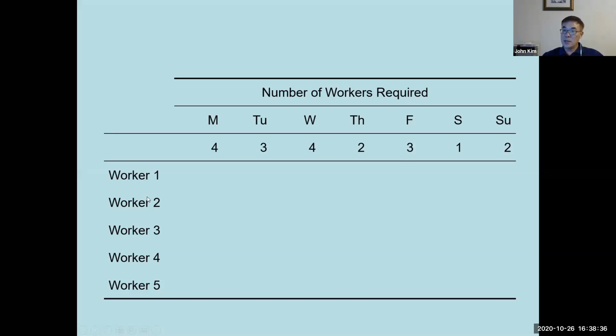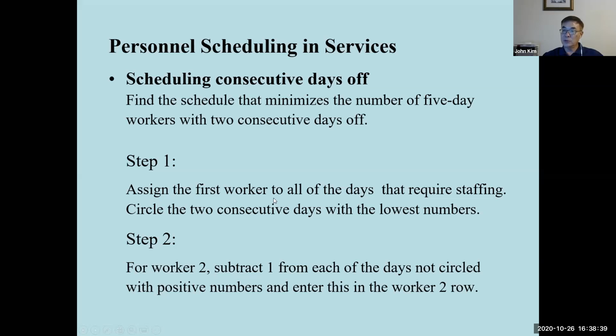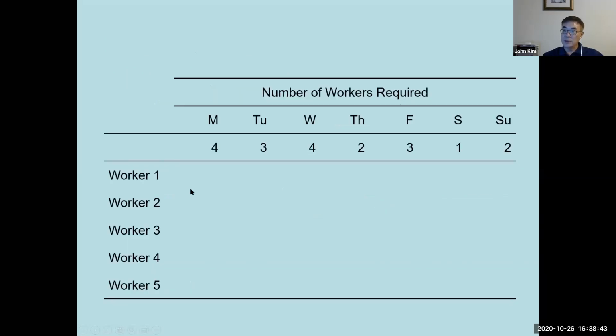Then it says assign the first worker to all of the days. Just copy the required number on the worker 1 row. Then circle 2 days like this.